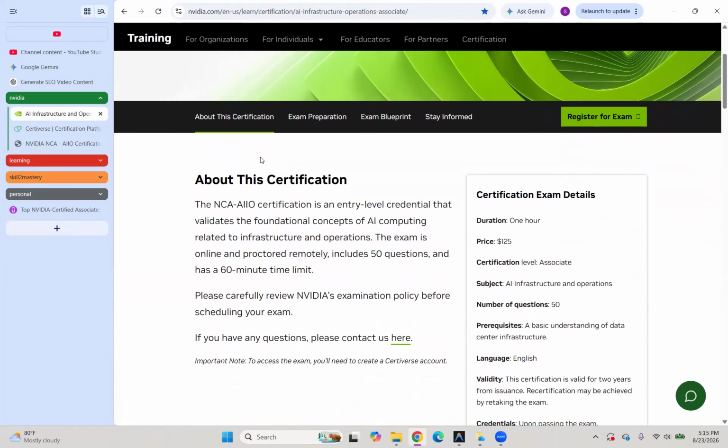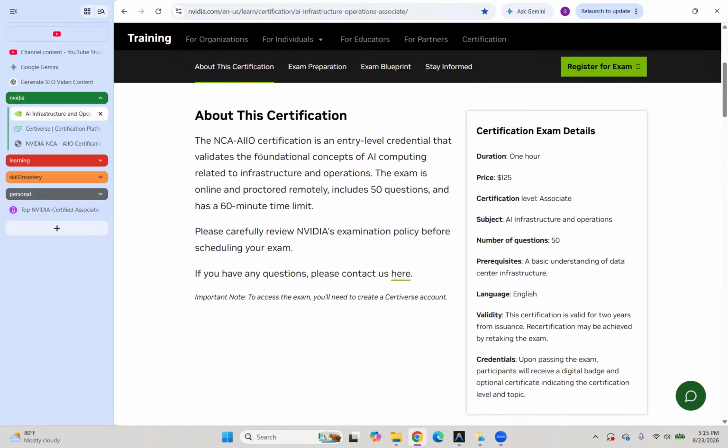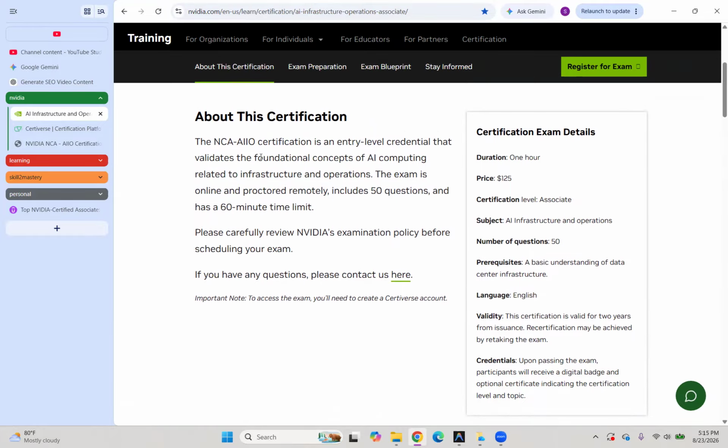It has 50 questions, and with the prerequisite, you don't need to know a lot of things before you can write the exam. Just a basic understanding of infrastructure, the data center infrastructure, and normal basic infrastructure understanding is okay for you to write the exam. The certification is valid for 2 years. If you write the exam this year, it's going to expire by 2028.